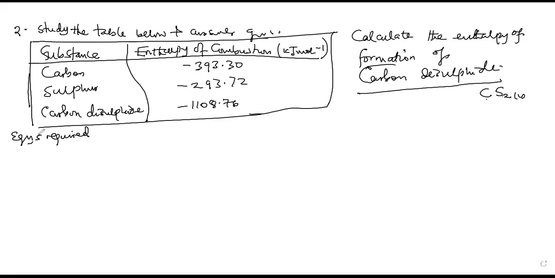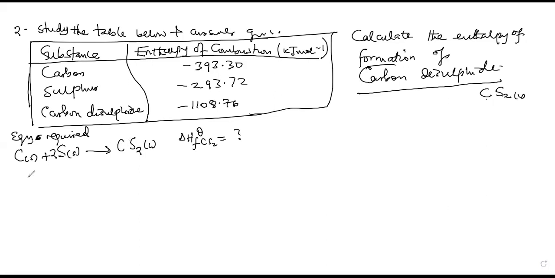The equation for the reaction required is carbon, a solid, plus sulfur, a solid, giving carbon disulfide, a liquid. They want the enthalpy of formation of that carbon disulfide, which I don't know. Balancing: sulfur 1, sulfur 2, so I'm putting a 2. Since it is enthalpy of formation, you really don't need to balance the sulfur.